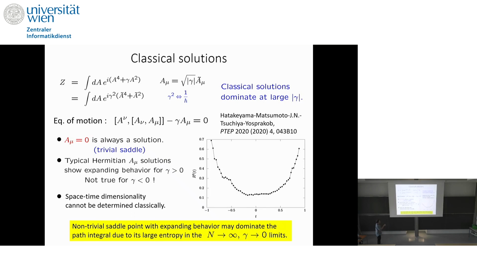First of all, let me remind you that A mu equals 0 is always a solution, obviously. And we call it a trivial saddle. But in fact, when we study this equation numerically, we find that typical Hermitian solutions show expanding behavior for positive gamma.